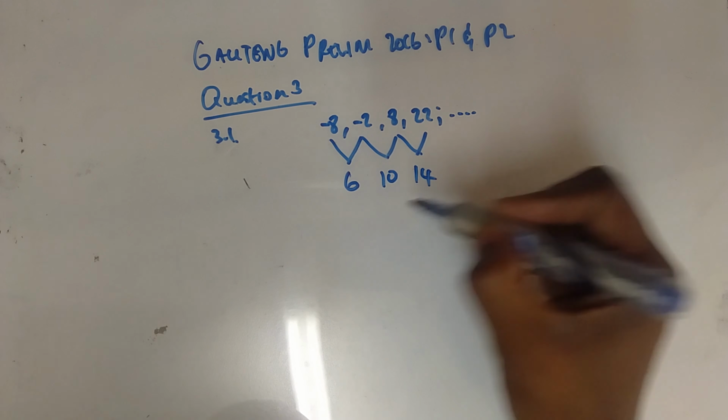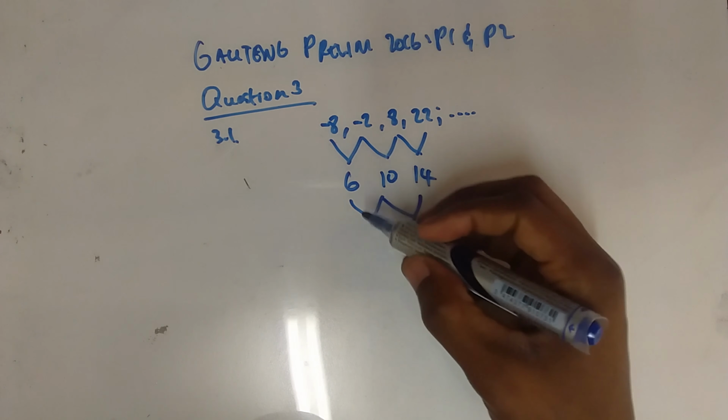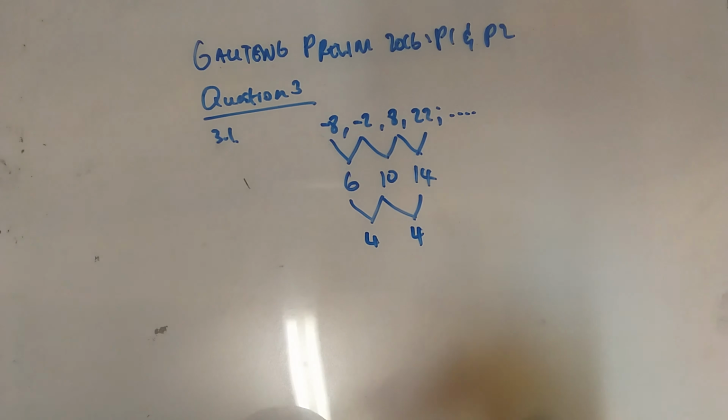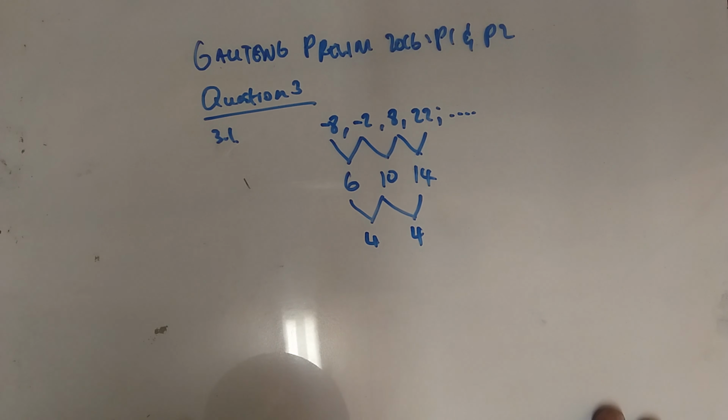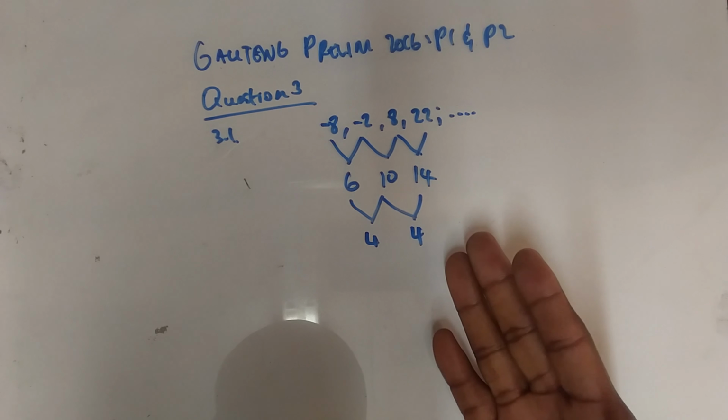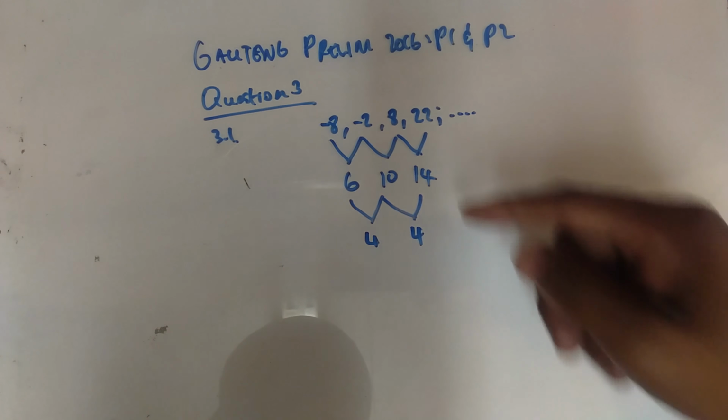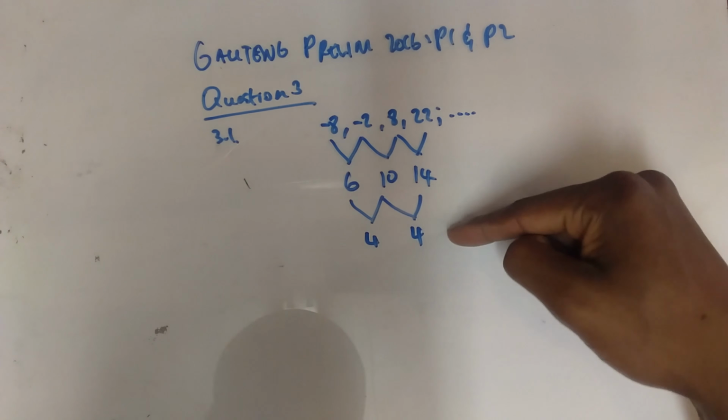I see a sequence here, which means straight away we can see that this is a quadratic sequence, because we have our first difference and we have a second common difference.